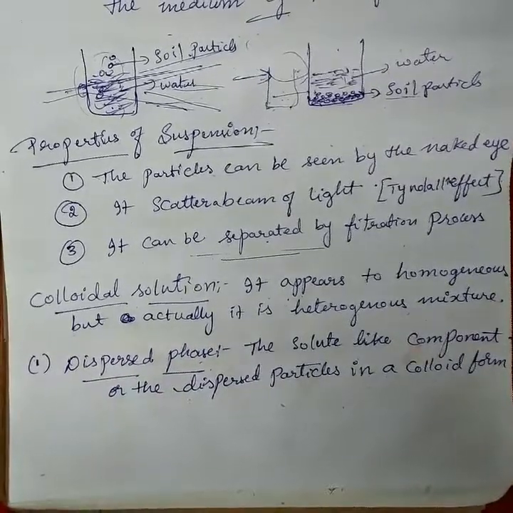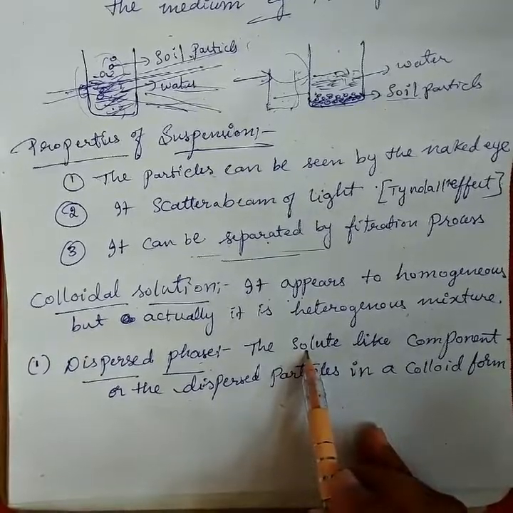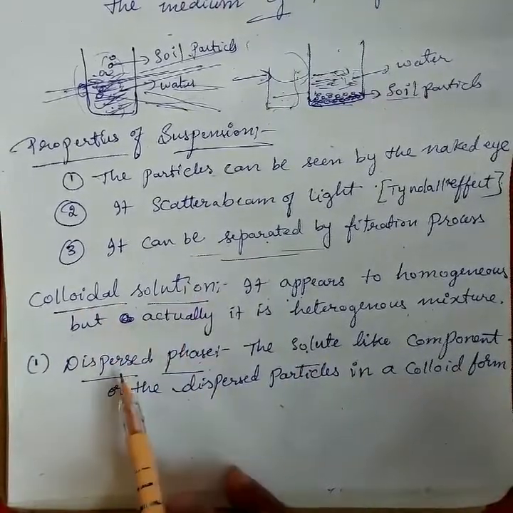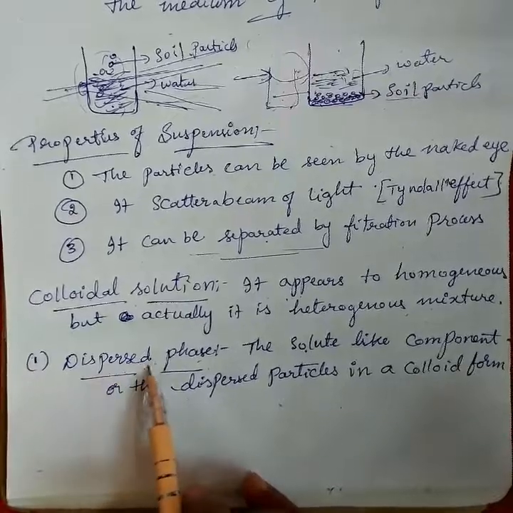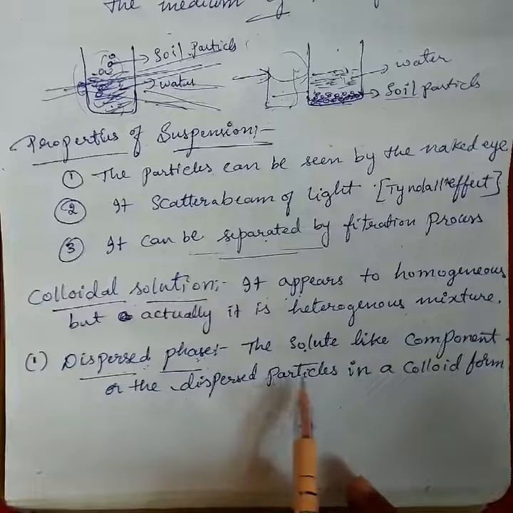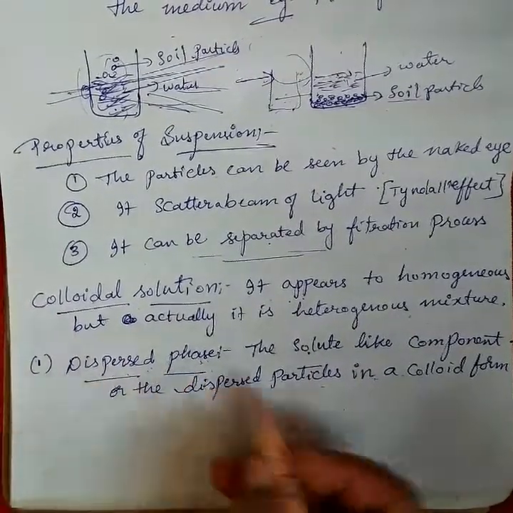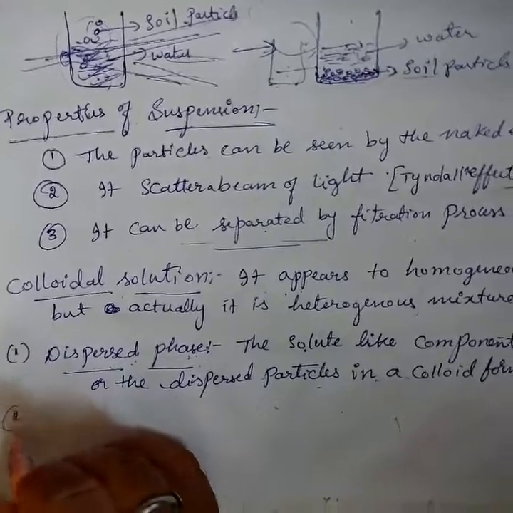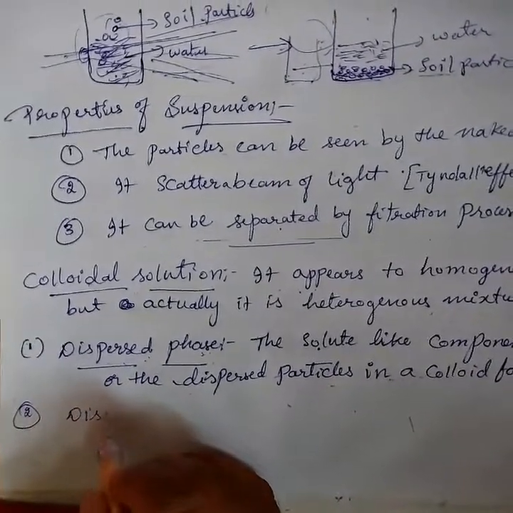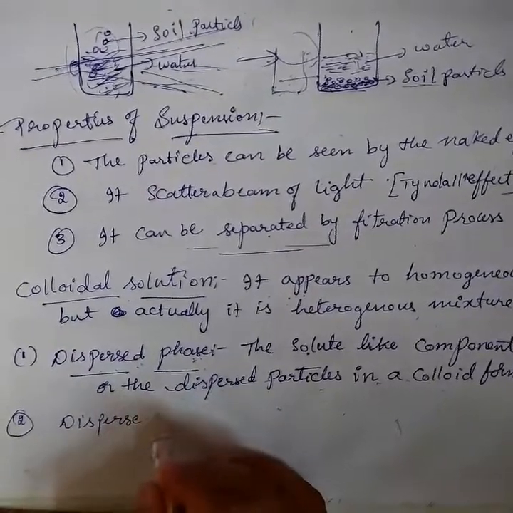Like in a solution we take two components, solute and solvent, in the same way in a colloidal solution we take two components: the dispersed phase, meaning the solute-like component or dispersed particles in colloidal form, and the second, the dispersion medium.